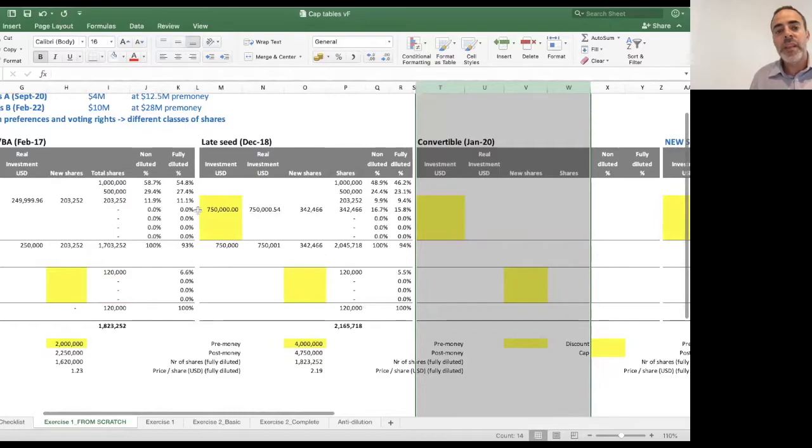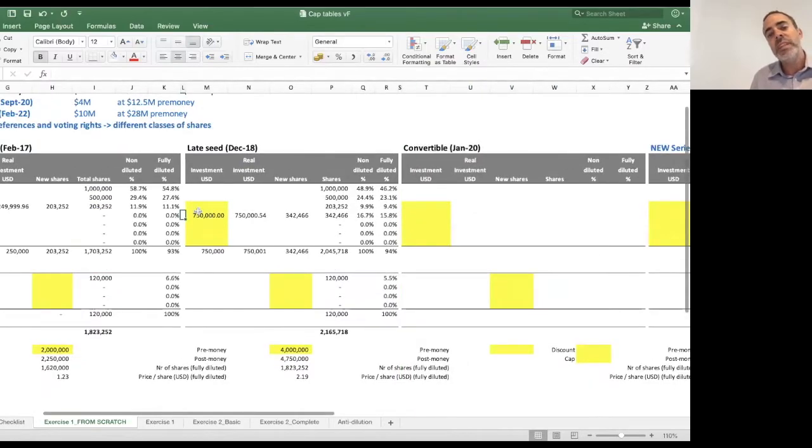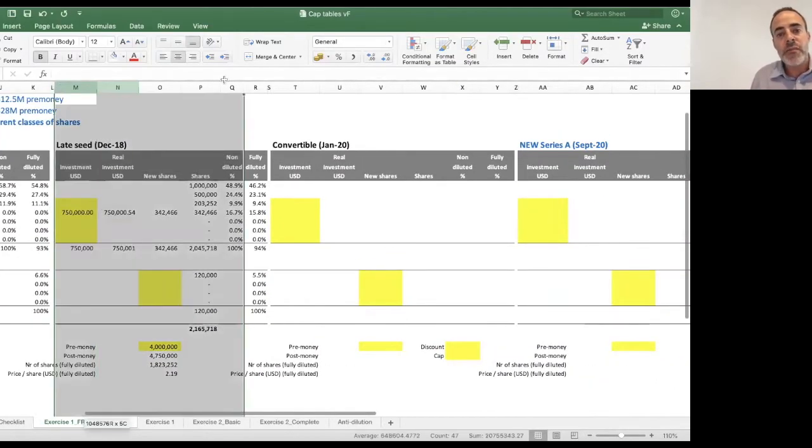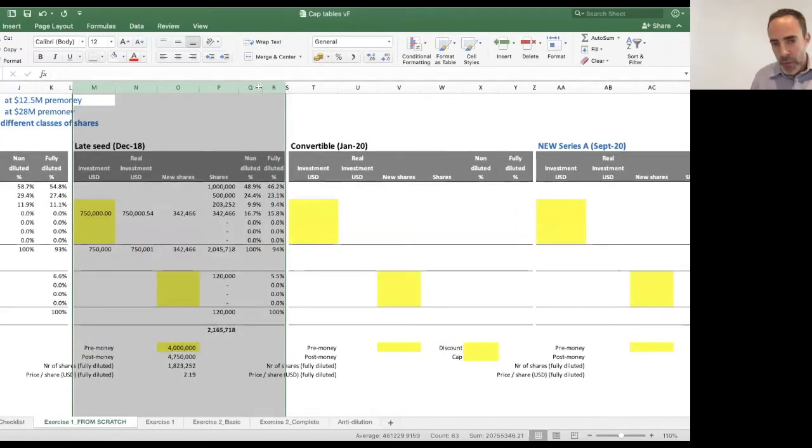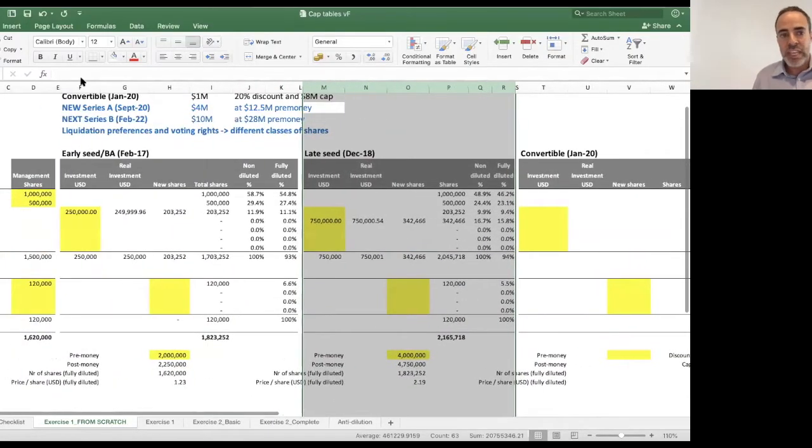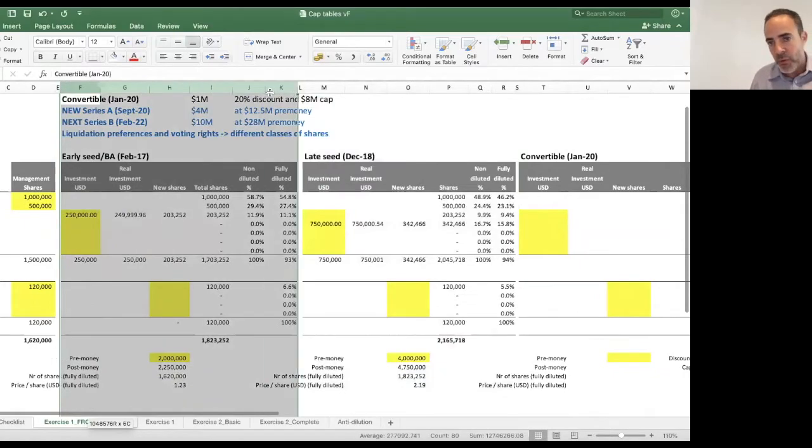The beauty of building it this way is that every stage, every new round will only be linked to the one immediately before and not any one before, okay? Because if you link it to the one before and the one before and the one before, then at some point it's much easier to make mistakes, and these mistakes can be costly.